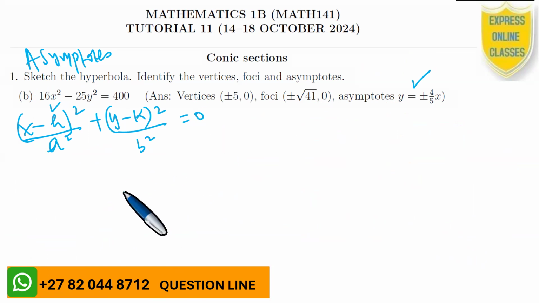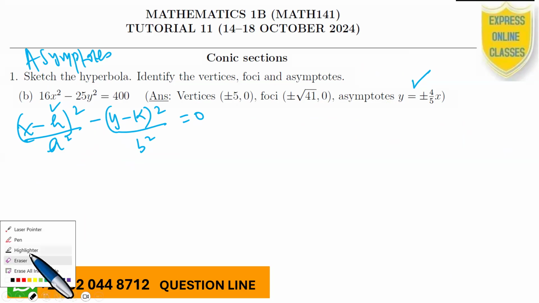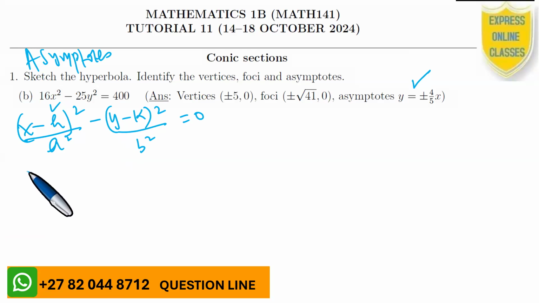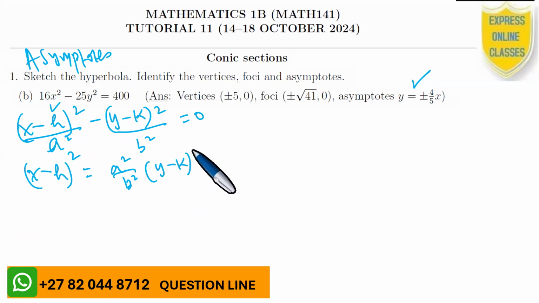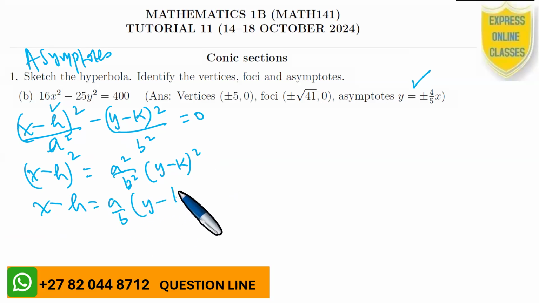Always make it 0, with a minus. So we're going to have x minus h squared over a squared equals y minus k squared over b squared, and taking the square root, x minus h is a over b, y minus k.